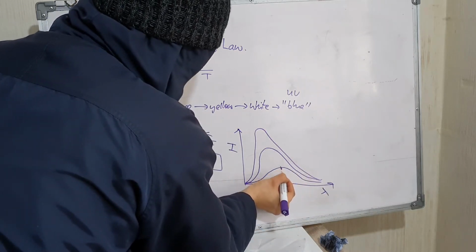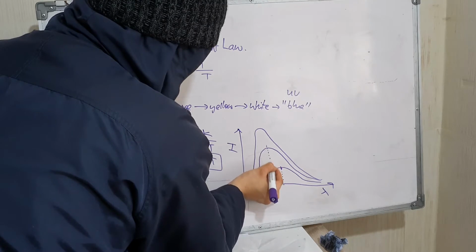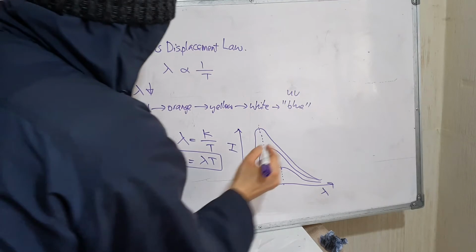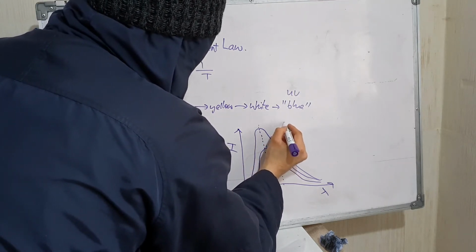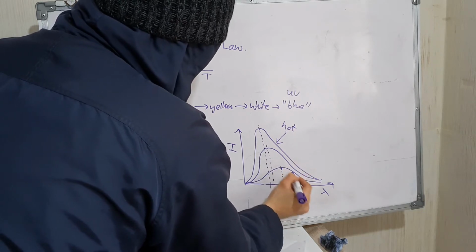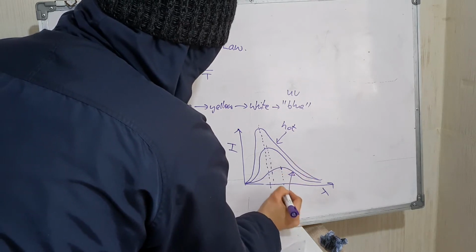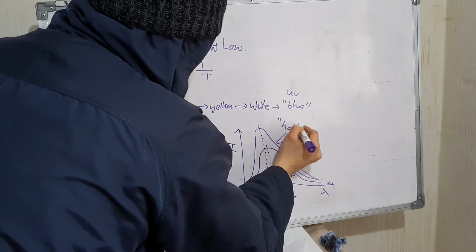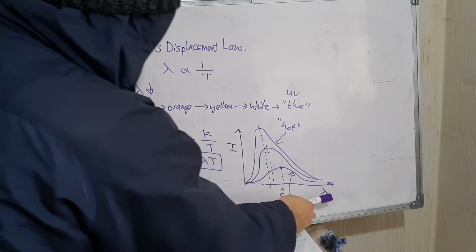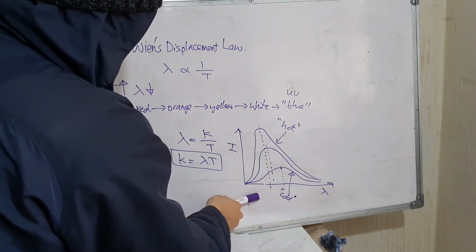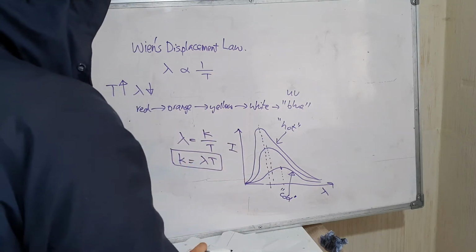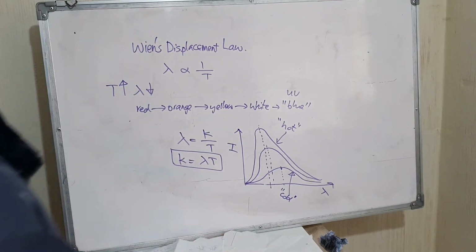So here is the peak wavelength, here is the peak wavelength, and here is the peak wavelength. So this top graph is when the temperature is very hot. This bottom one here is when it is cold. As something gets hotter and hotter, the wavelength gets shorter and shorter, and the intensity gets higher and higher. That is Wien's displacement law.